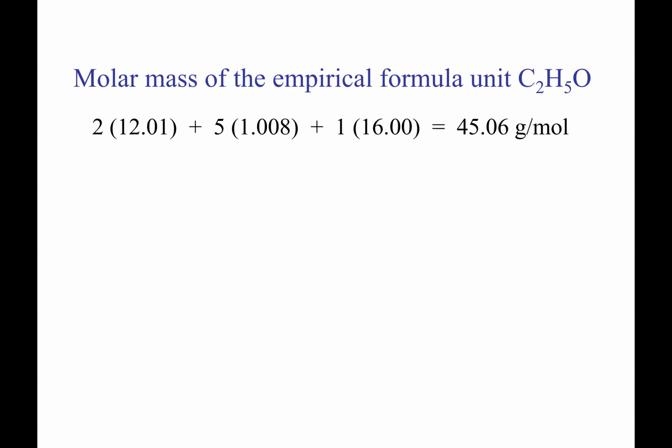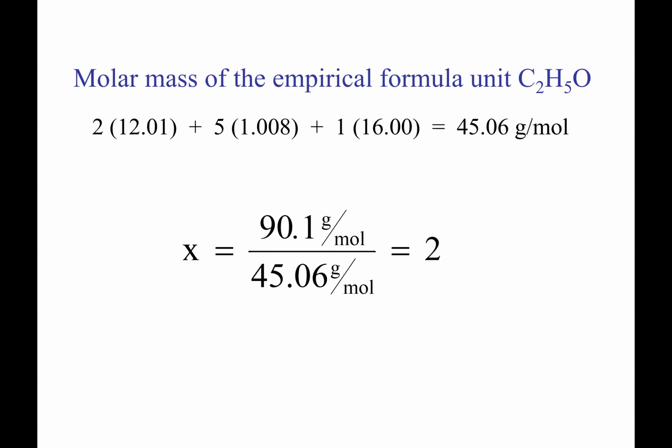So what do you think? I'm thinking we need 2 of these units. Okay. So this is what that looks like. So 90.1 was the overall mass of the molecular weight. And then we just came up with repeating unit 45.06. So you're looking at 2.